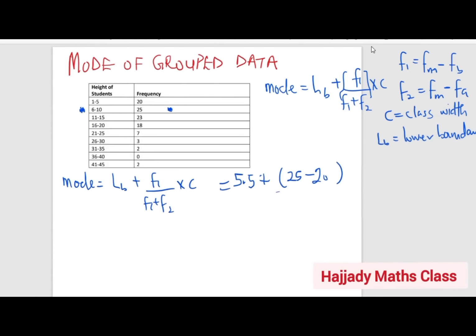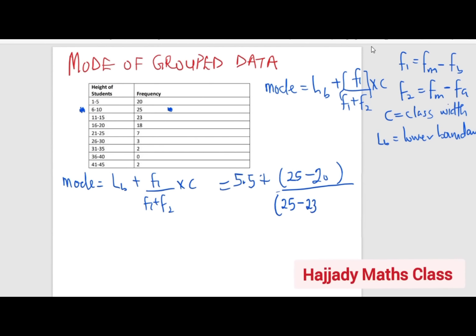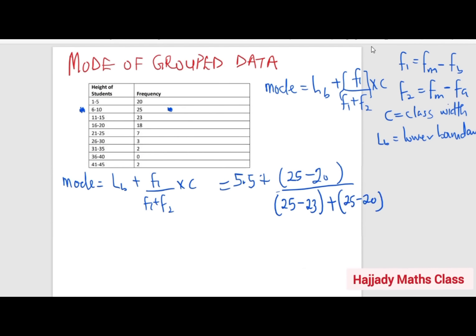That is my F1. Everything over F2, which is the frequency of the modal class, 25, minus the frequency after it, 23. That is my F2. My F1, I'm going to repeat, is 25 minus 20.